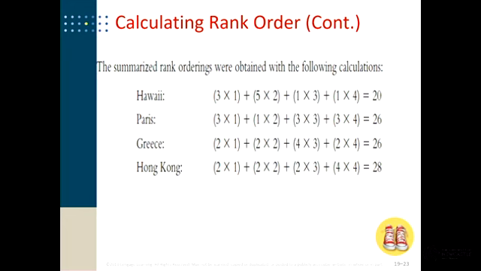Hong Kong? I think Hawaii. You think Hawaii? You? Hong Kong? Most preferred, Greece. Why do you think Greece?